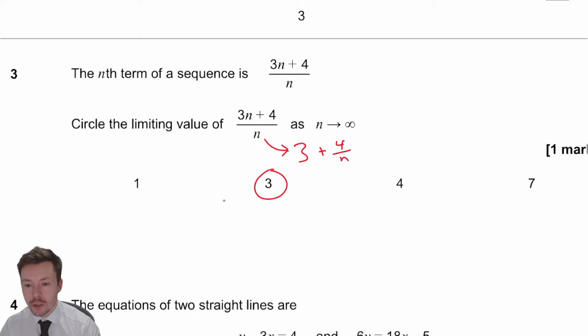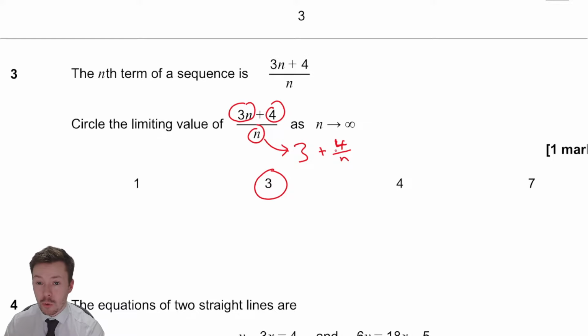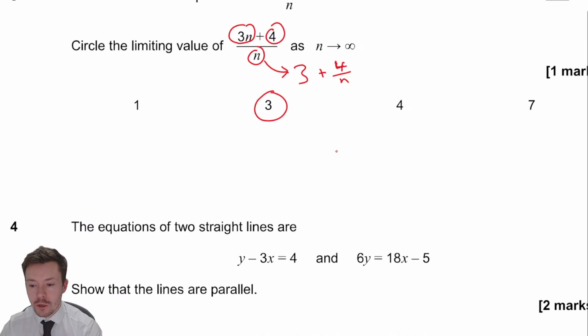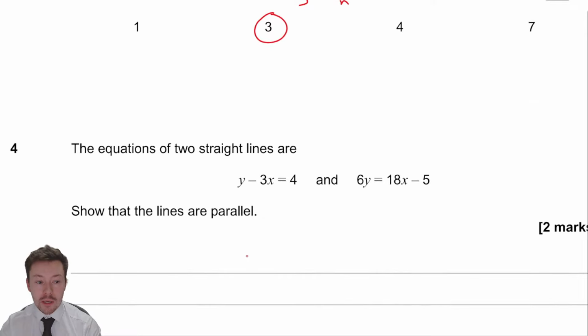So I've just divided each term by the denominator. 3n divided by n is 3, 4 divided by n is 4 over n, and then because that's a reciprocal function and we've got the letter in the denominator, as that gets bigger, the 4 over n will go to 0.